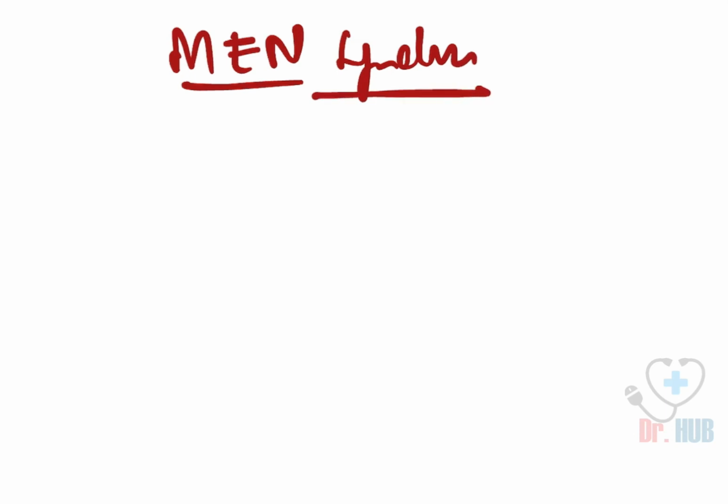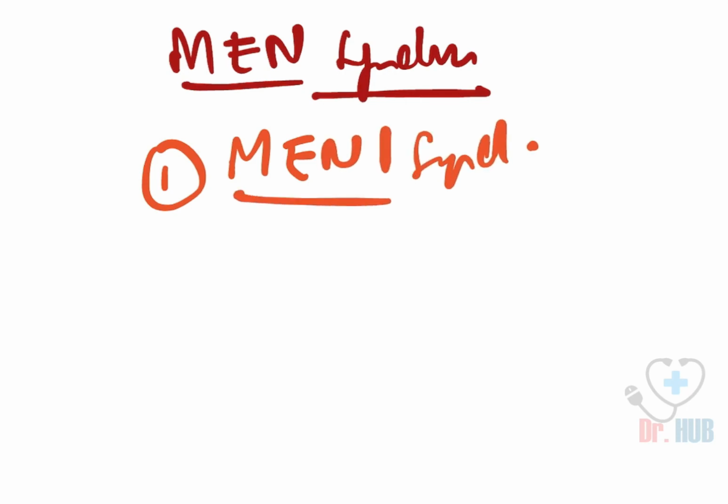Here we are looking at the MEN syndrome. So to begin with, a few questions. The first question being, in case of the MEN 1 syndrome, what are the characteristic tumors?